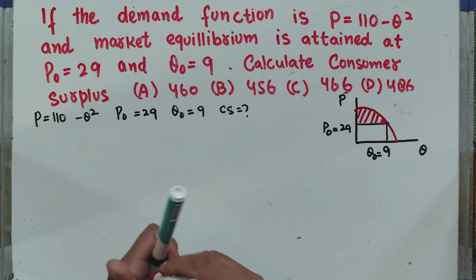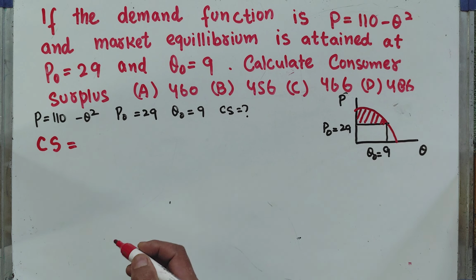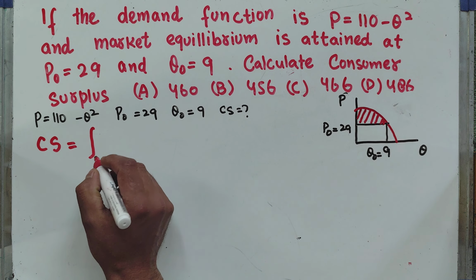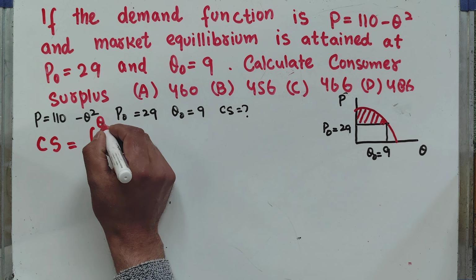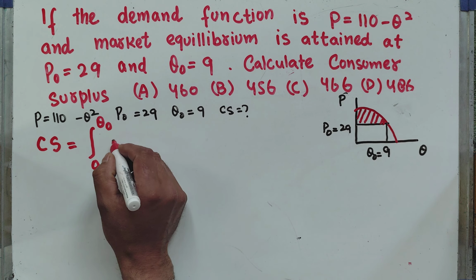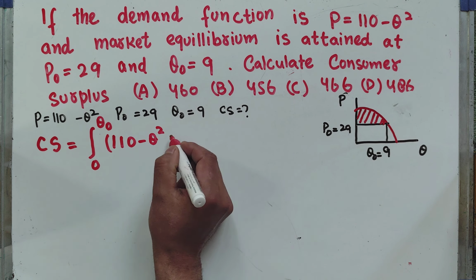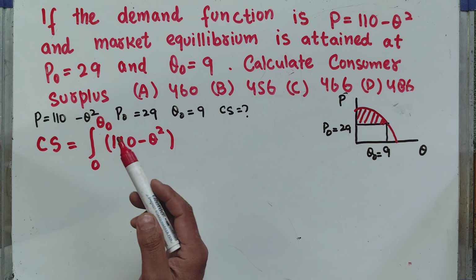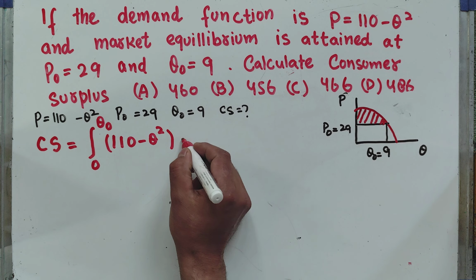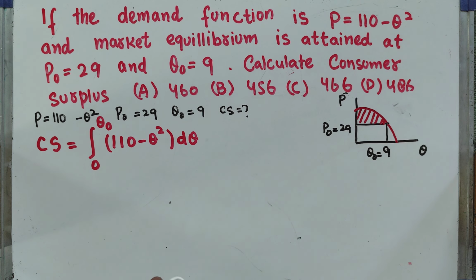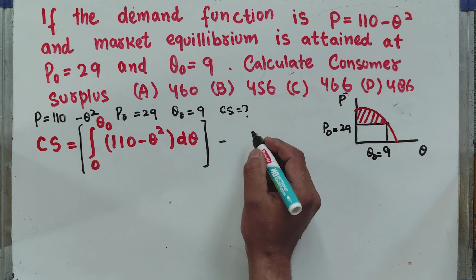Now consumer surplus will be equal to the definite integral of the demand function from 0 to equilibrium quantity, with respect to output, and then we subtract the total expenditure.